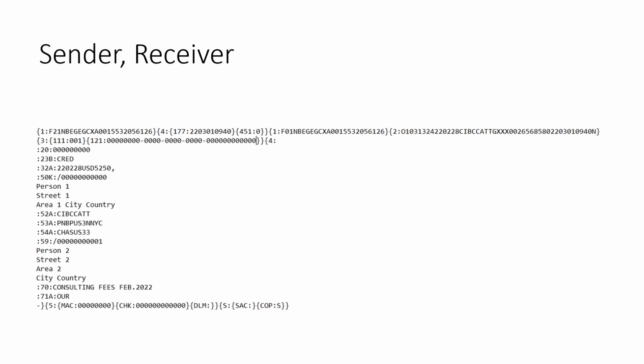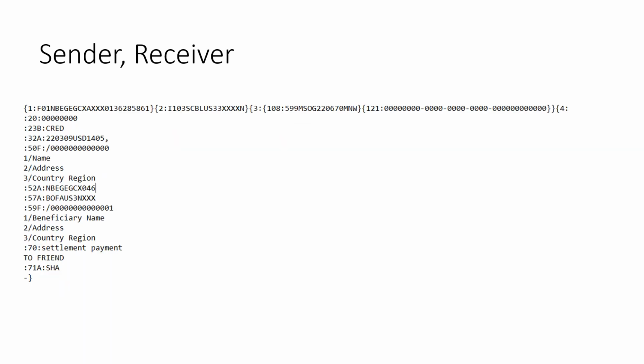If this is an incoming message, which means that this letter is O, meaning that it's an output from Swift, then the LTA in block 2 is for the sender bank, and the LTA in block 1 is for the receiver bank.